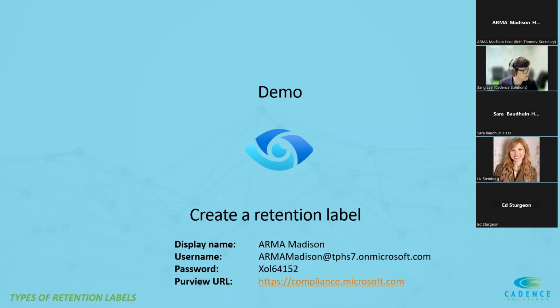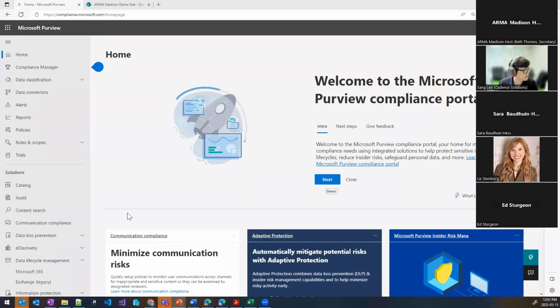Now, I'll show you how to open an in private or incognito window if you are not familiar with those settings. In Microsoft Edge, you can click the three little dots here and click new in private window, and that would open up the in private window for you to authenticate using the account that was just shown on the presentation slide.